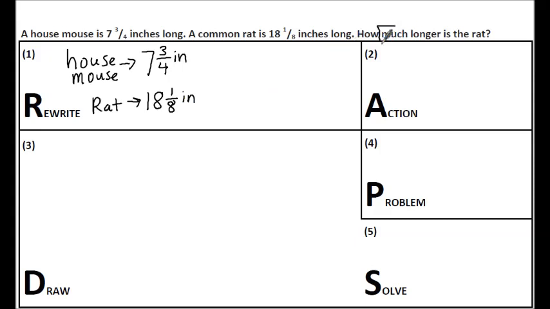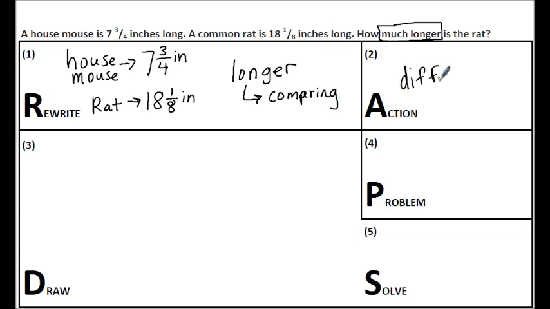How much longer is the rat? So here it looks like I'm comparing. So if I'm comparing 2 different groups, and I want to see something that's longer, and I'm comparing these 2, then I want to know what the difference is between a rat and a mouse.